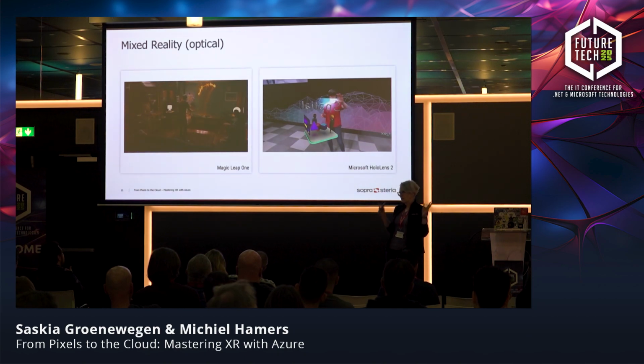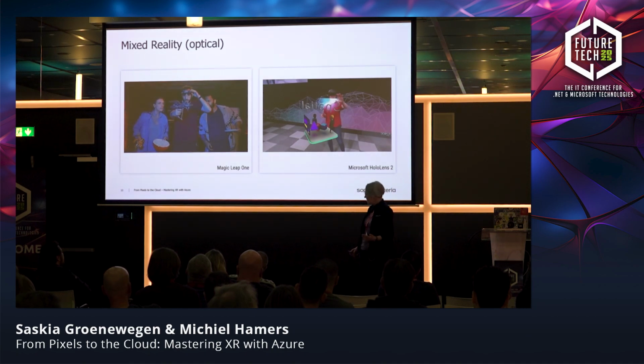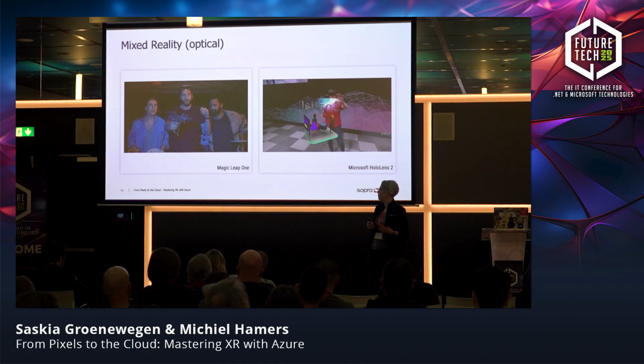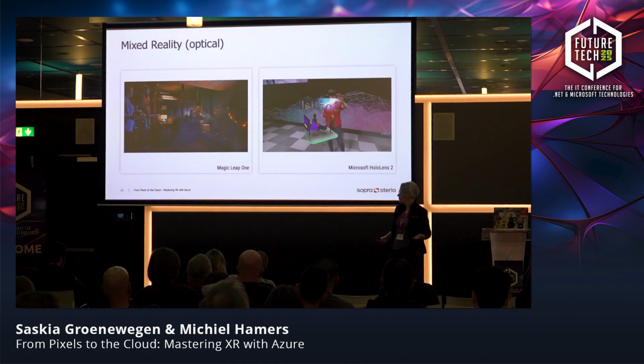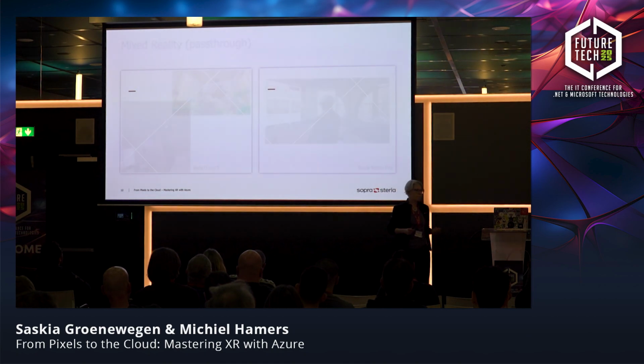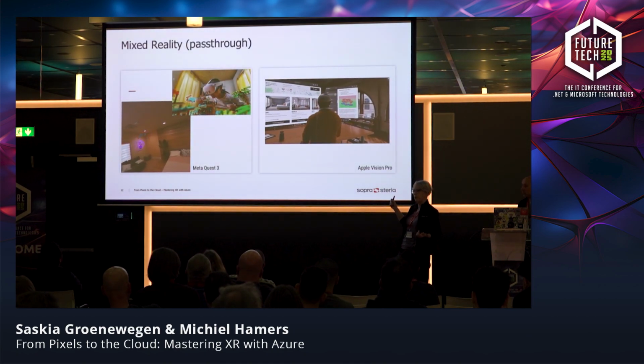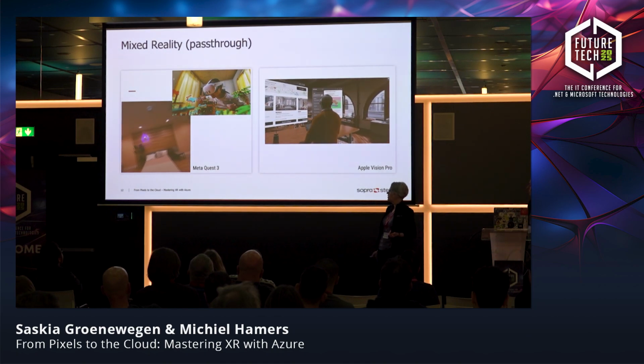And there are two kinds. There's the old kind, I would call it, the optical mixed reality, where you actually really physically see through some kind of screen, and you see the environment around you. That's this. And then there's the newer kind, pass-through mixed reality. For example, the Apple Vision Pro headset, the new Meta Quest 3 uses that.